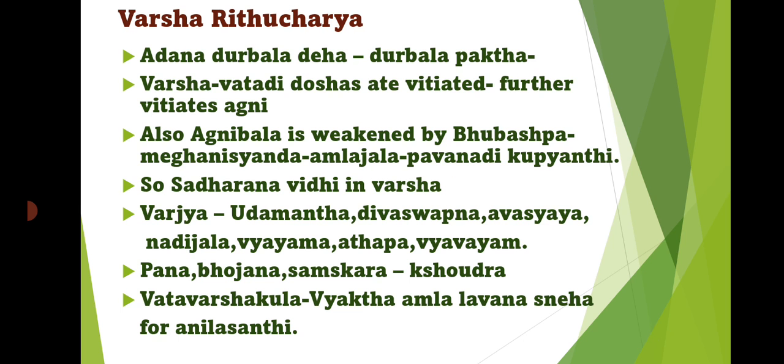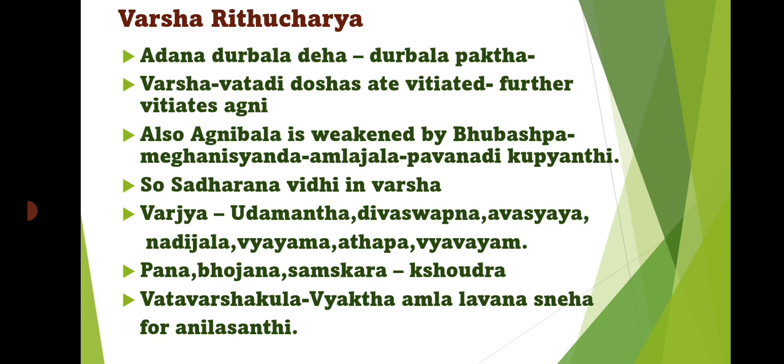Next is Varsha Rutu. After the Adana Kala, Adana Durbala Deha, Durbala Pakta, the digestive power also becomes weak. And Varsha, the rains, will also cause Vatadi doshas to get vitiated, and further vitiates the Agni.